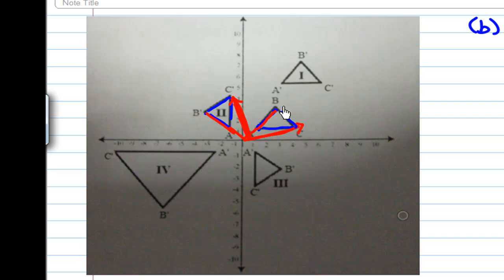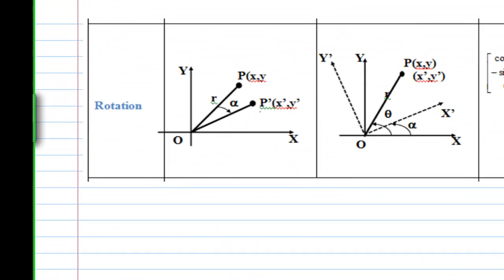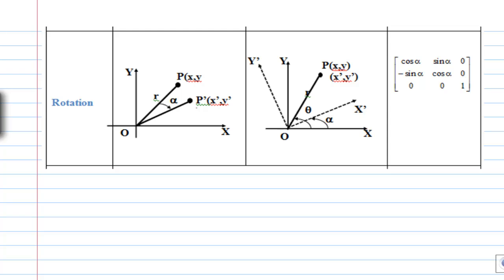So notice that image 2 is obtained by rotating triangle ABC 90 degrees anti-clockwise. So let's recall the matrix of rotation of 90 degrees.